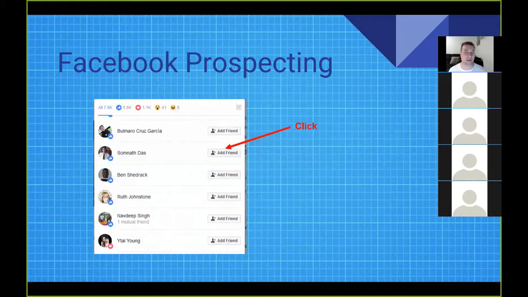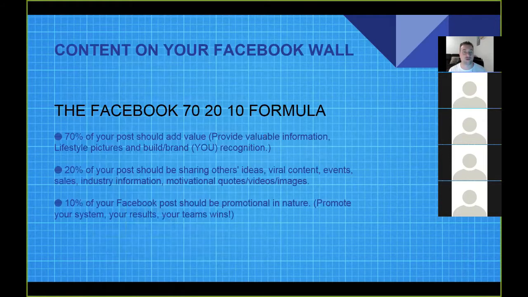So you need to make it a regular occurrence for you to go through and keep adding value into the marketplace. So I suggest that you go through and add at least 20 people to your Facebook profile every single day, and follow the content that I've suggested here for today.